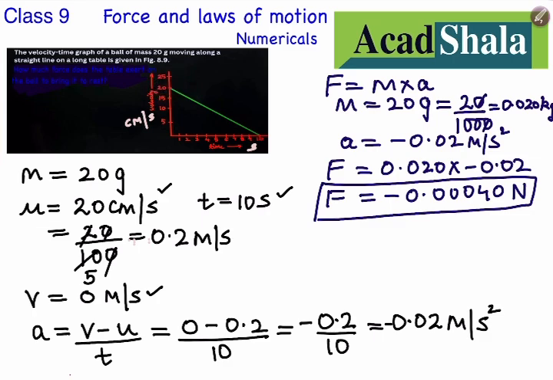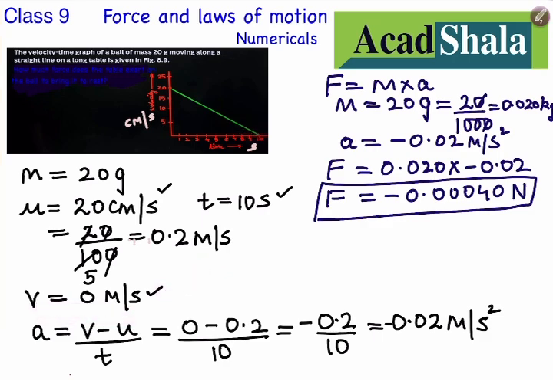The unit is given in the velocity-time graph as centimeter per second, so 20 centimeter per second has to be converted into meter per second. 20 over 100 comes out to be 0.2 meter per second. Time is 10 seconds. v is 0 when it comes to rest, so v is equal to 0 meter per second.